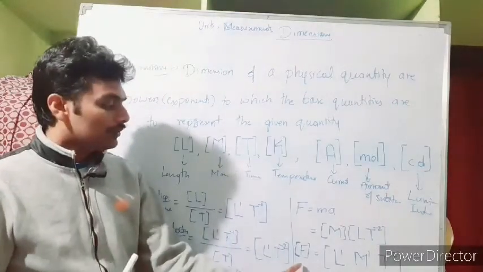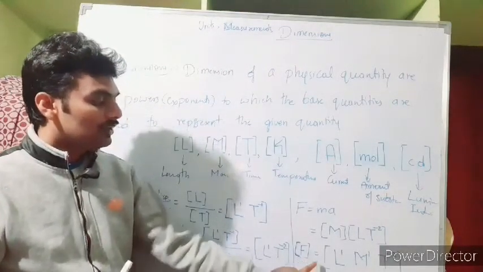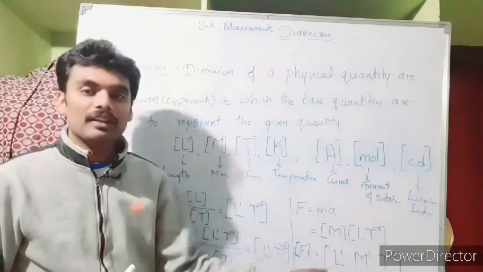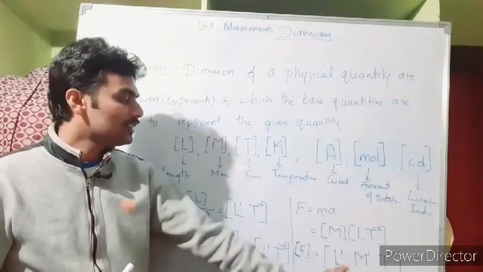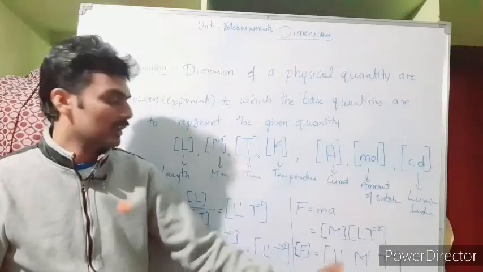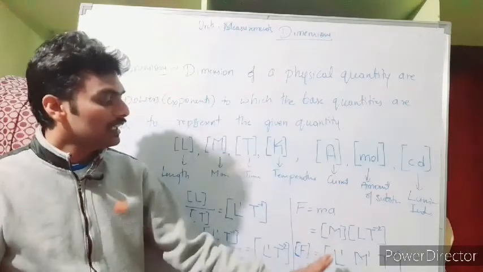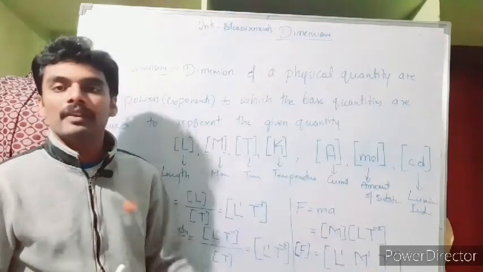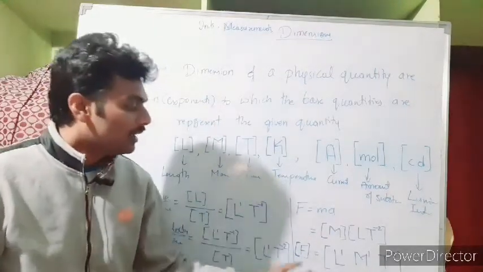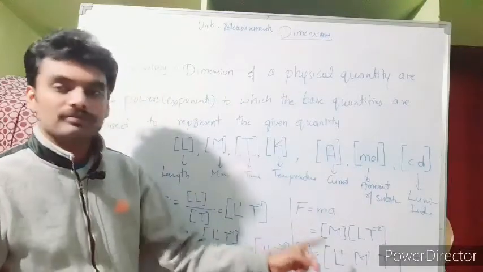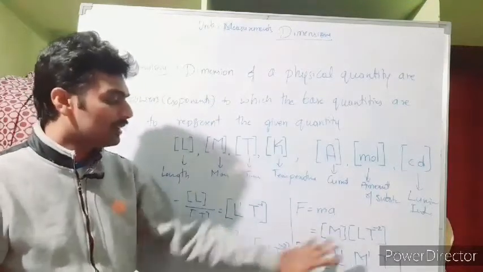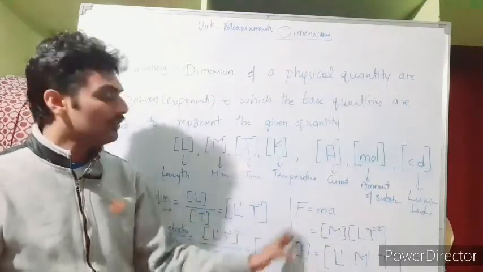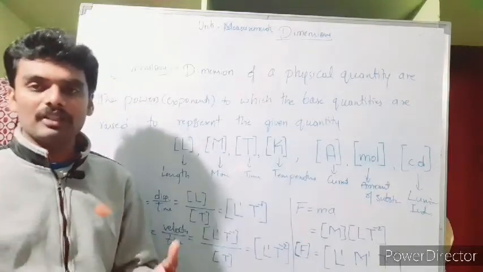So the dimension of force equated with its base quantities, equated with its dimensional formula. The dimension of a given physical quantity equated with its dimensional formula is called dimensional equation. All of them put together make an equation, which can be considered as a dimensional equation.